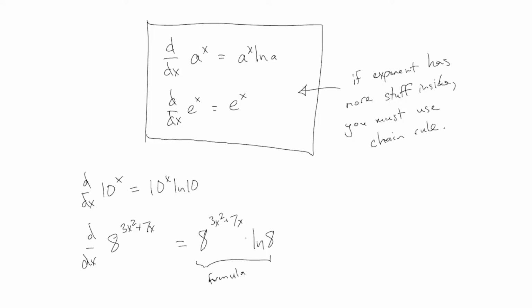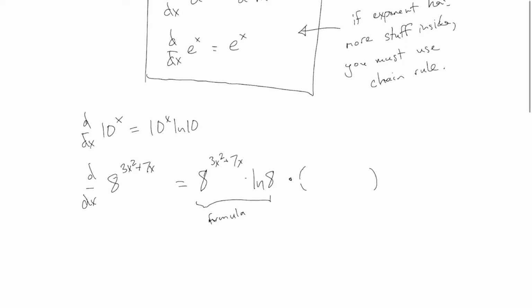But then, as I said on the sidebar, if the exponent has more stuff on the inside, you must use the chain rule, which means we do the derivative as usual, leaving that stuff on the inside, and then separately I multiply times the derivative of the inside, which is 6x plus 7. So this part is the derivative of the inside.